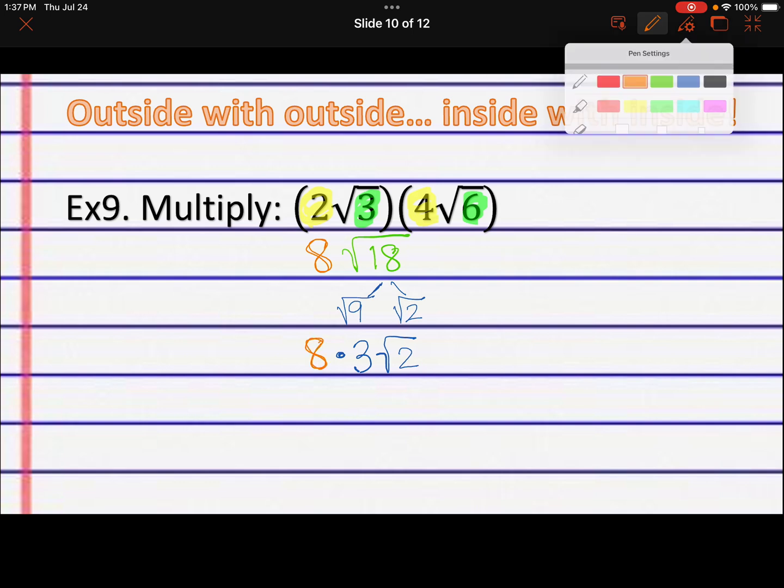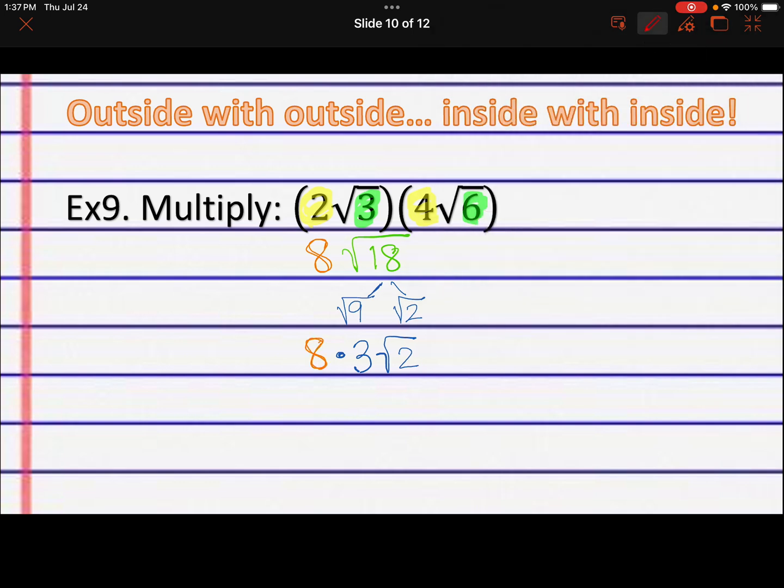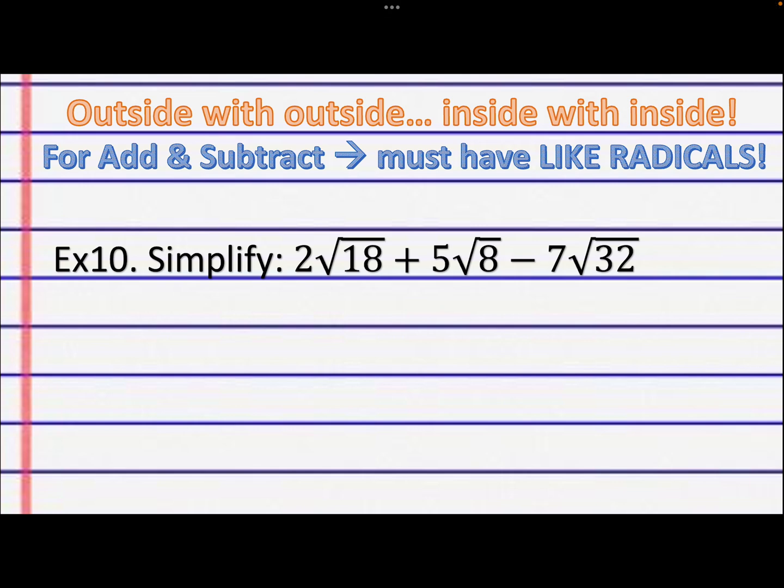So the final simplified radical expression would be 8 times 3, because those are both outside numbers. So that's 24. And then radical 2. So I've got 24 radical 2.